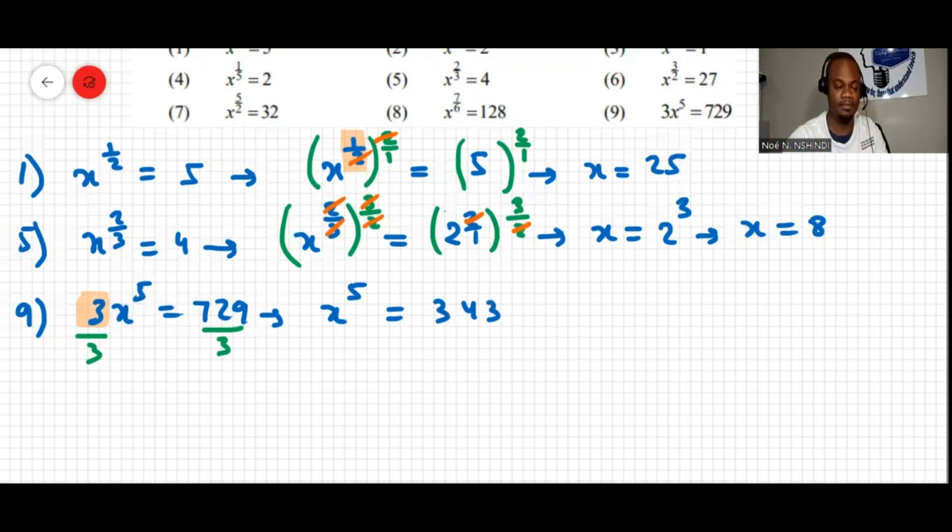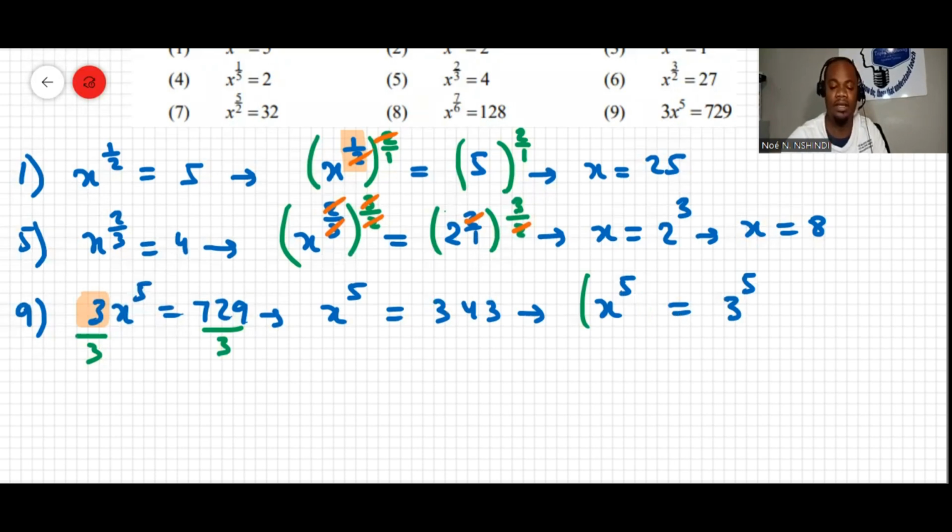Now to get the value of x, we have x to the power 5 equal to 243. In terms of its prime factors, 243 is 3 to the power of 5. I don't even need to raise this to a power.